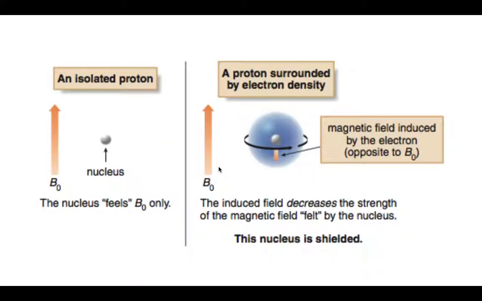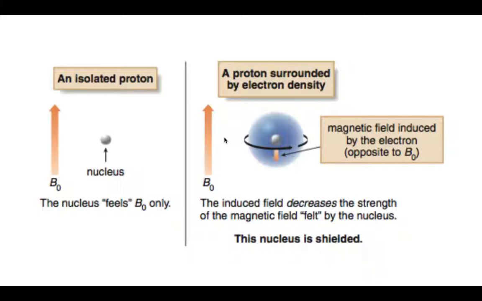Now, the key to this is that the nucleus, which is what we're affecting with our magnetic field, is protected to a certain degree by the electrons around it, and we call that shielding. The electrons shield the nucleus from the full force of the magnetic field that's being applied.